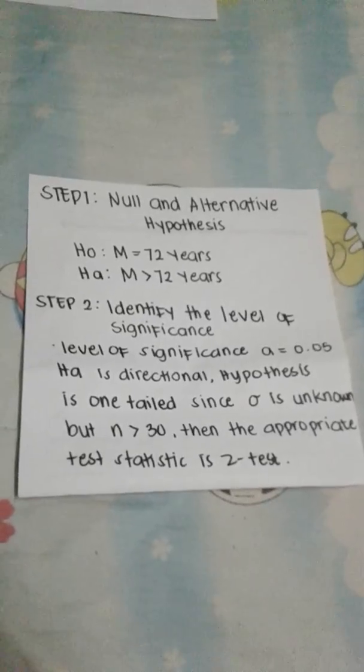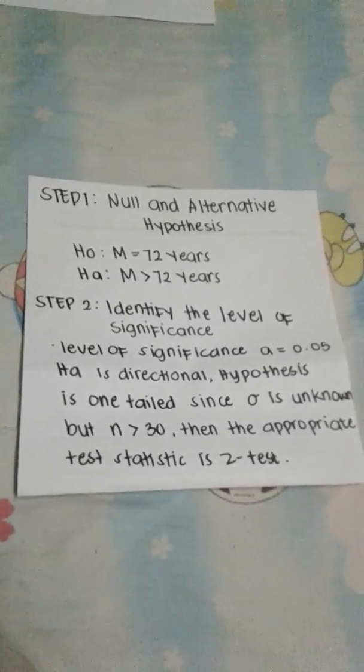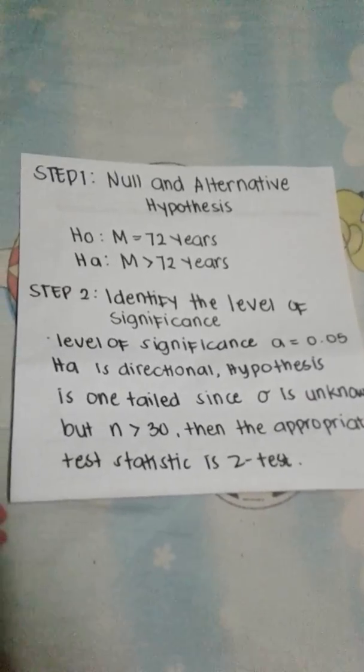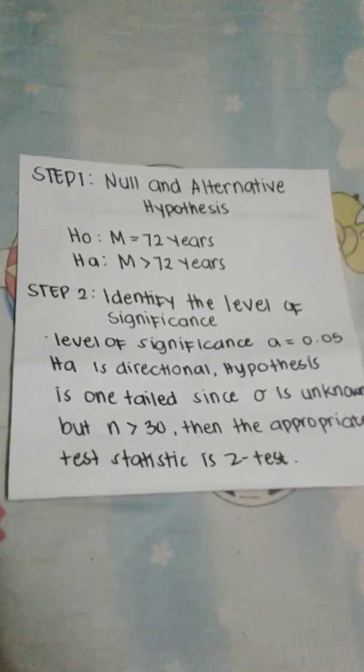To solve this problem, we have 6 steps. Step 1, null and alternative hypothesis. H0, μ is equal to 72 years. Ha, μ is greater than 72 years.